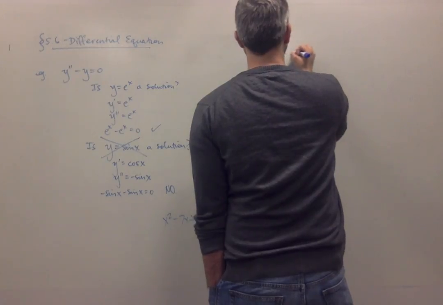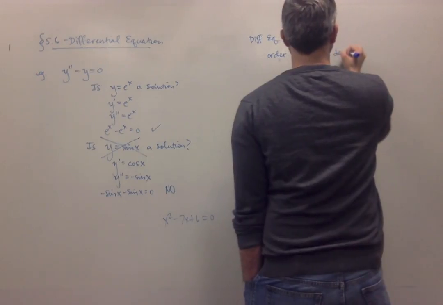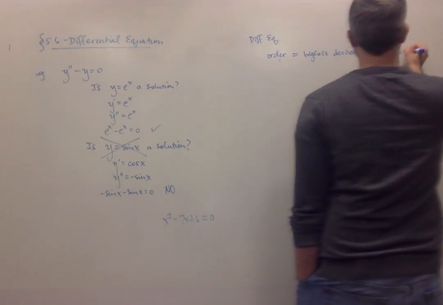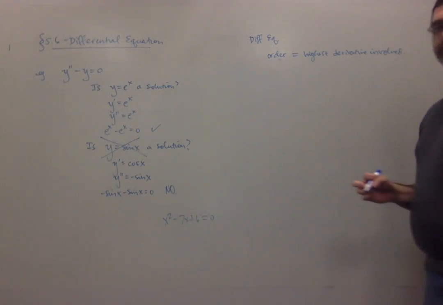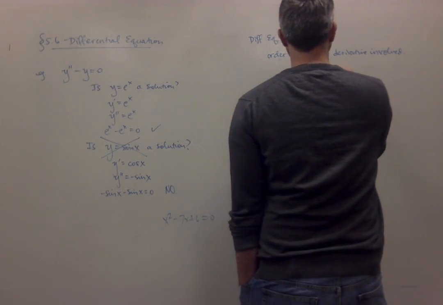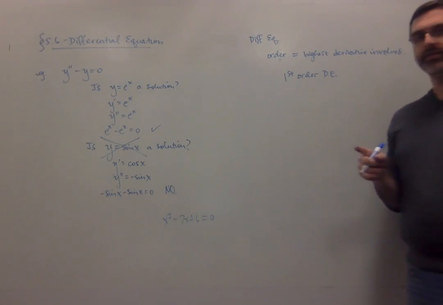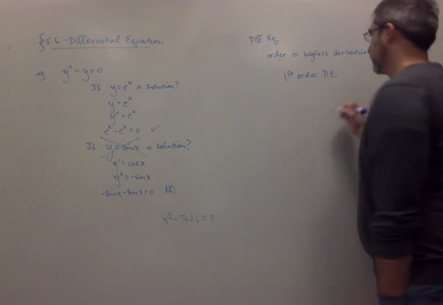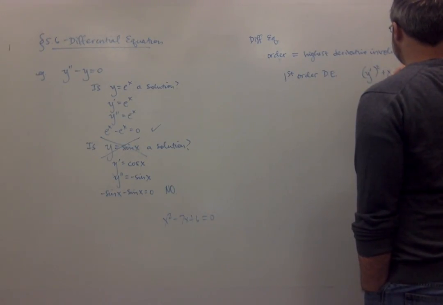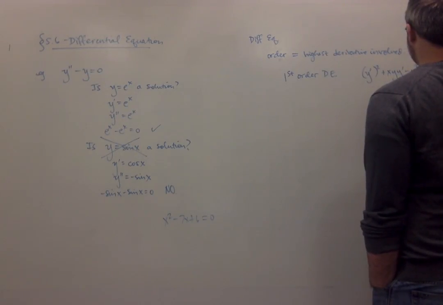Now, order means the highest derivative involved. Okay? So, for example, a first order differential equation means that the highest derivative that's there is just the first derivative. So, for example, y prime squared plus xy times y prime minus y cubed equals 0.